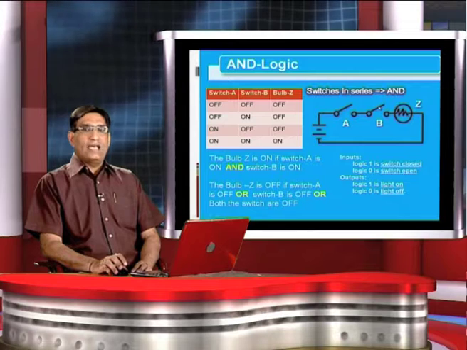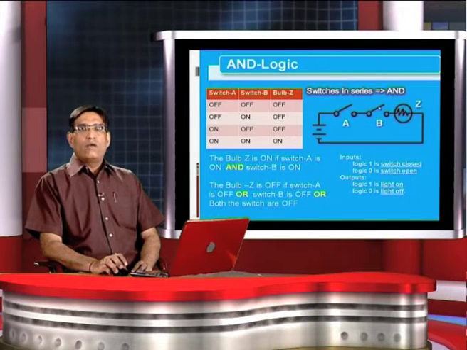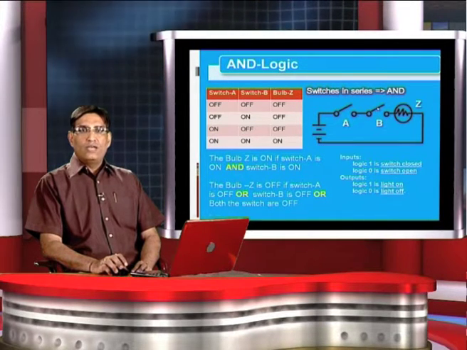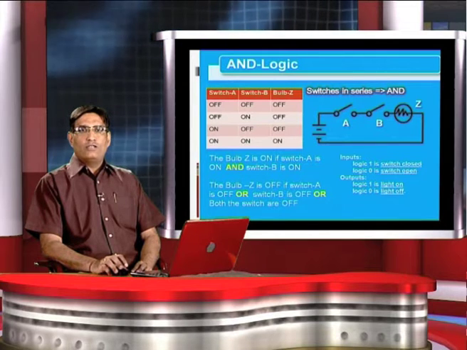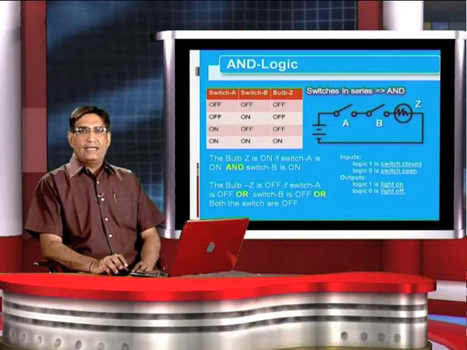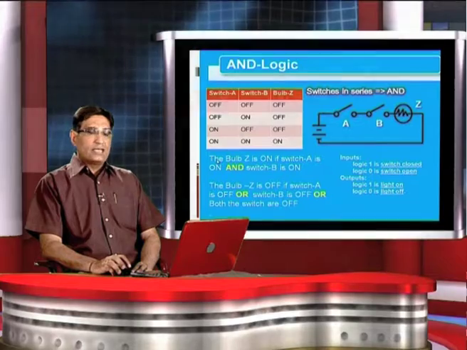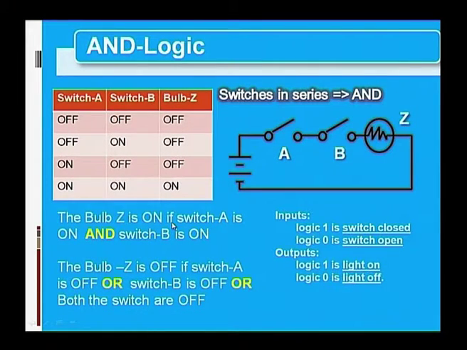Now, every logic has 2 basic definitions. One is for outcome true and the second is for outcome false. Let us define for the AND gate. The first definition says the bulb Z is on if switch A is on and switch B is on. The second definition says the bulb Z is off if switch A is off or switch B is off or both switches are off.